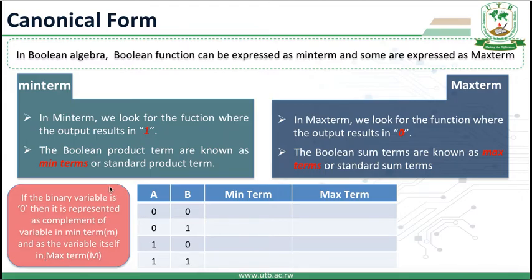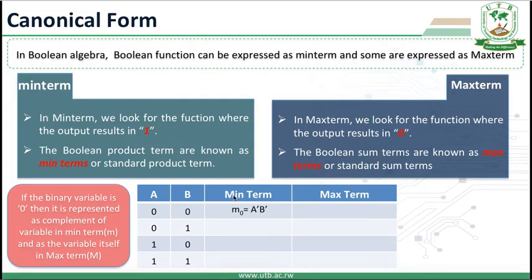Let us understand the min term. The min term is denoted by small m, starting from index 0. So m0 means the first one. As I told you, if the binary variable is 0, then it is represented as a complement.